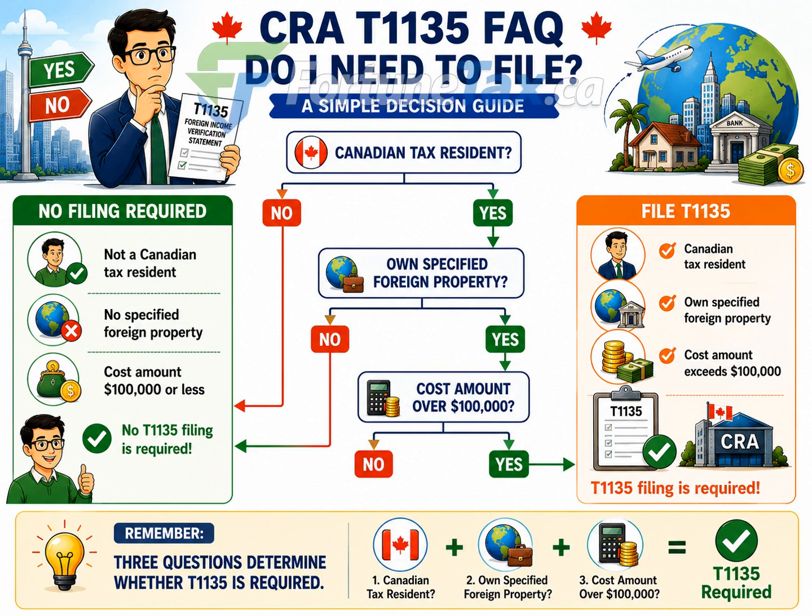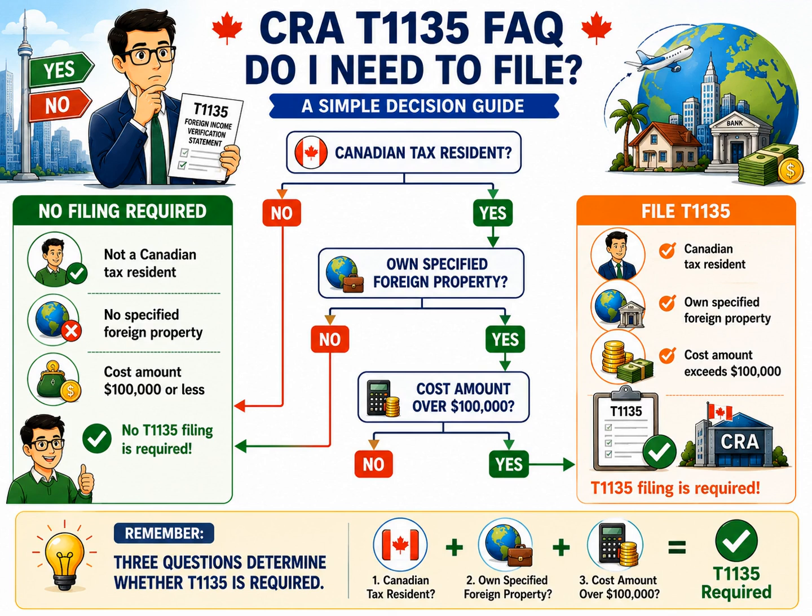The orange panel on the right shows when filing is generally required. If you are a Canadian tax resident, you own specified foreign property, and the total cost amount exceeds 100,000 Canadian dollars, then you should generally prepare and file Form T1135 with the Canada Revenue Agency.